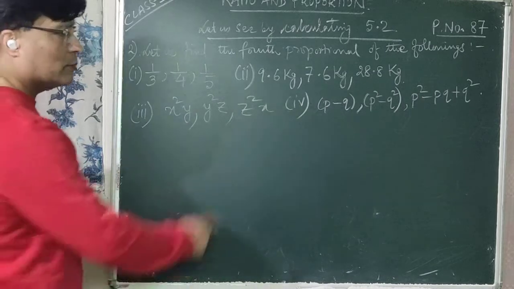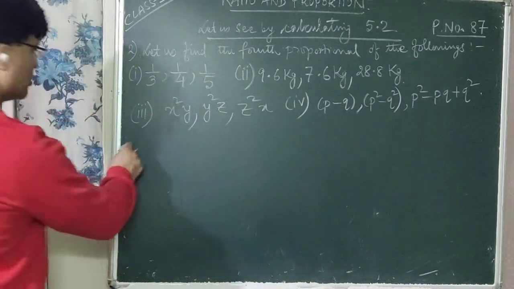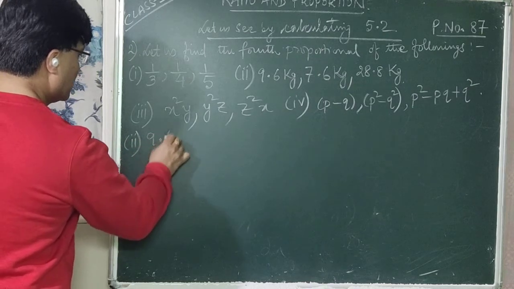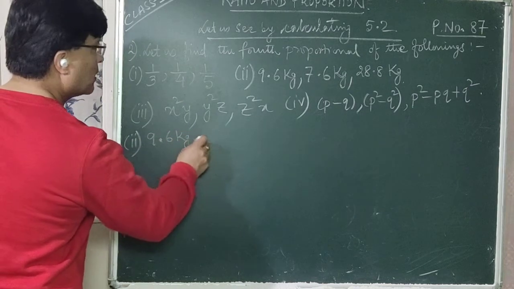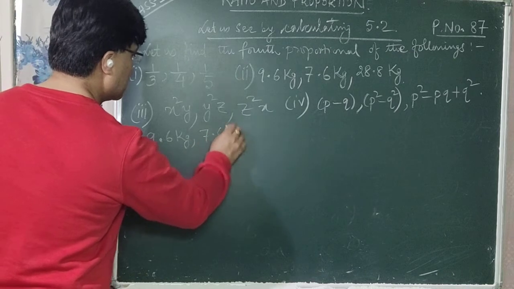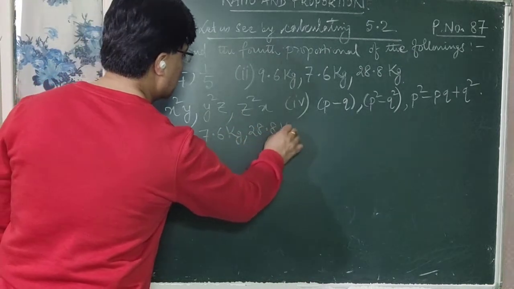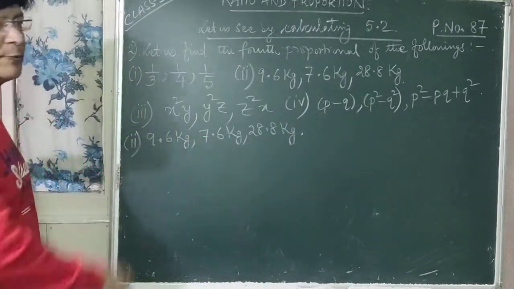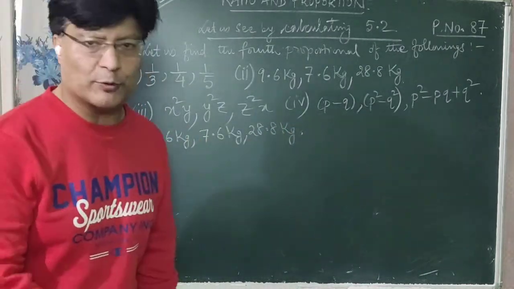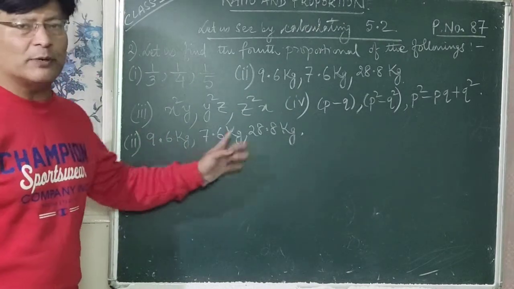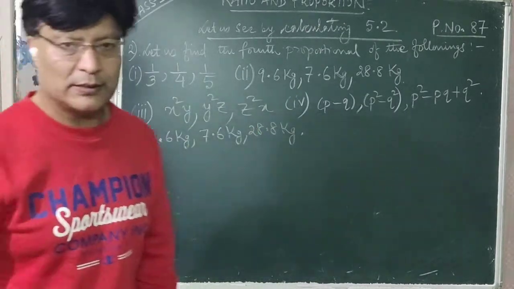So question number 2 is 9.6 kg, 7.6 kg, 28.8 kg. That means in this problem you have to find the fourth proportional, the fourth number, so that these four numbers are in proportion, right?